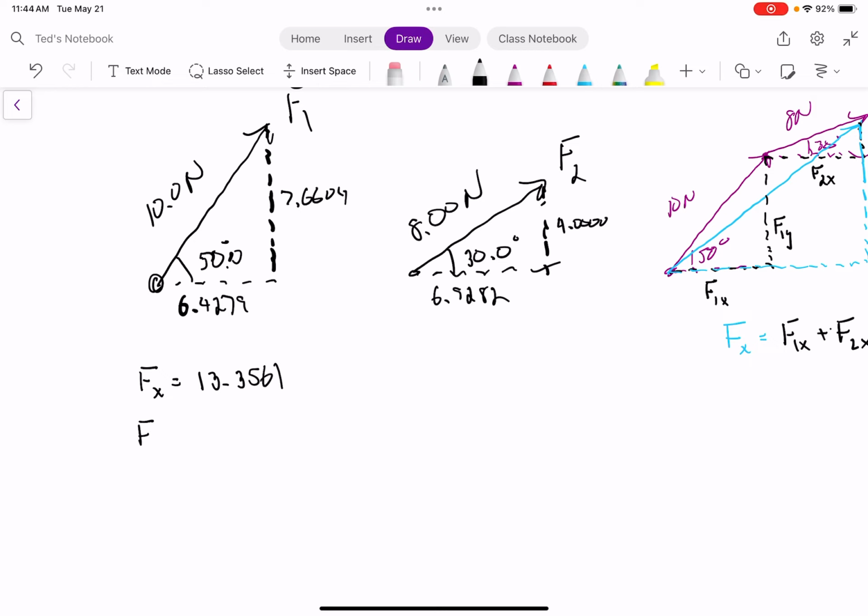And to find the y component, we need to add the y components. So I get 7.6604 plus 4.0000 gives me 11.6604 newtons. Okay, that's supposed to say F sub y.